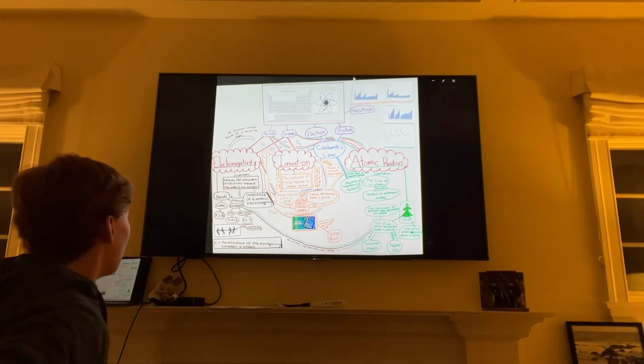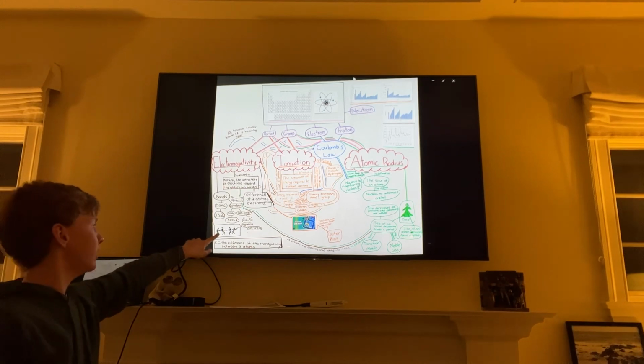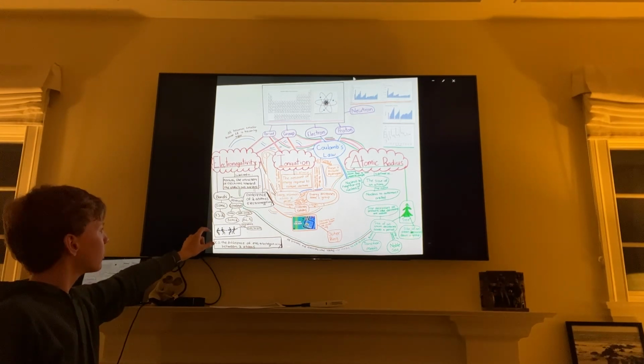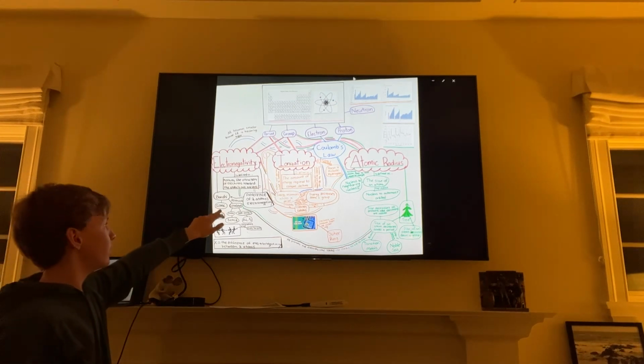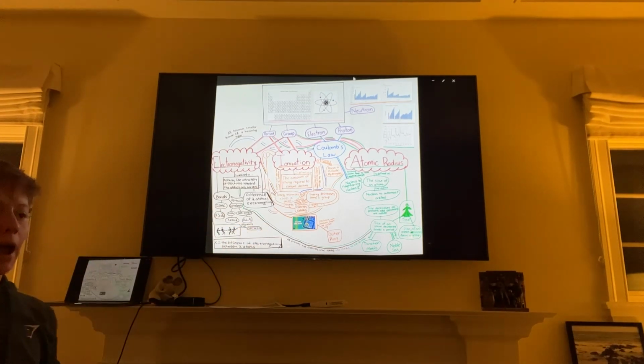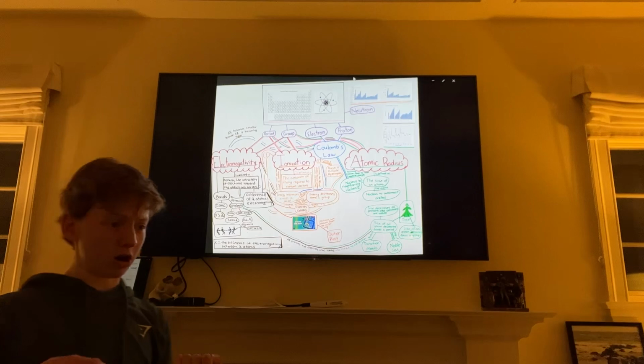And then I have not touched on Reed's analogy yet. Reed's analogy relates to the three different types of bond, and he talked about it as if it was like tug of war.